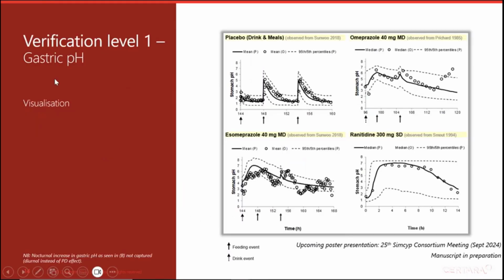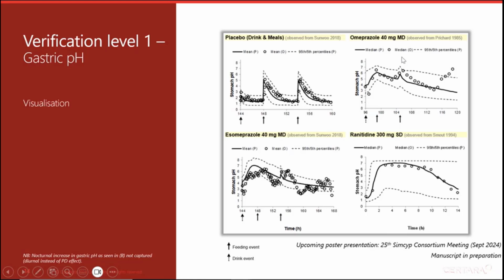And you can actually see in one of the profiles here for the omeprazole profile that we are unable to capture that sort of nocturnal rise in gastric pH due to circadian rhythm. So, the limitation here is that, this would be useful, for example, if your compound is co-administered with your ARA, but if your compound is administered at night, for example, this might not be the most useful approach.